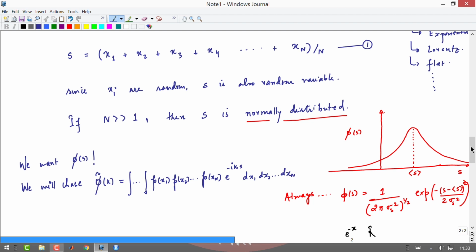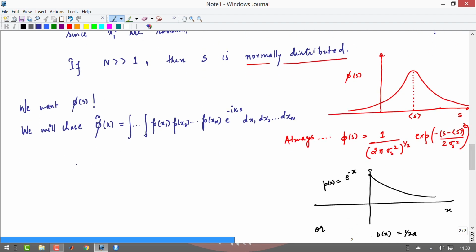xn. And this can be written as phi of k as all these n integrals p of x1 up to p of xn, and I can write down this variable s as x1 plus x2 all the way to xn divided by n, into dx1 all the way to dxn.